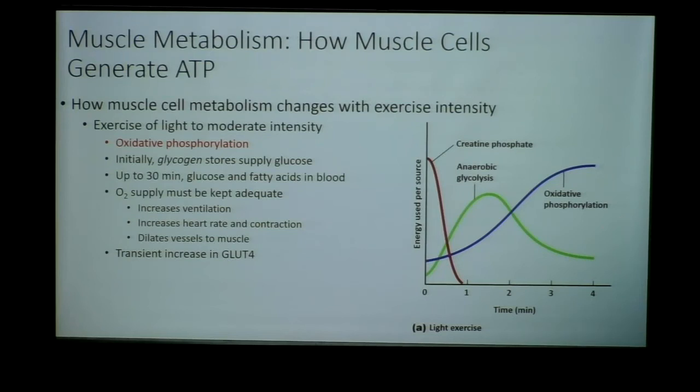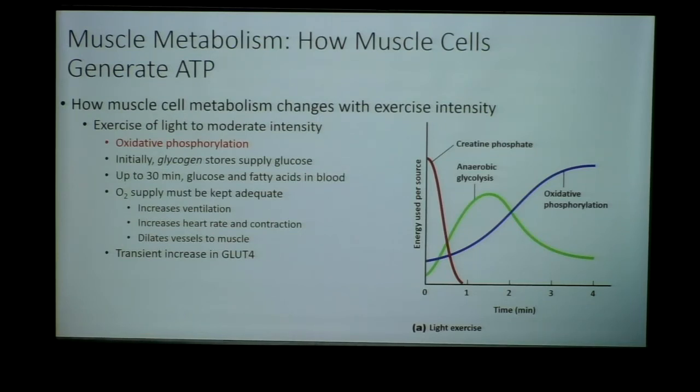This is why doctors recommend light intensity exercise, which is more efficient for your heart health, and say that if you can maintain a conversation during exercise, it's light intensity. When you can no longer maintain a conversation, your ventilation is being affected, and you're going to shift away from oxidative phosphorylation because you're not bringing in enough oxygen.